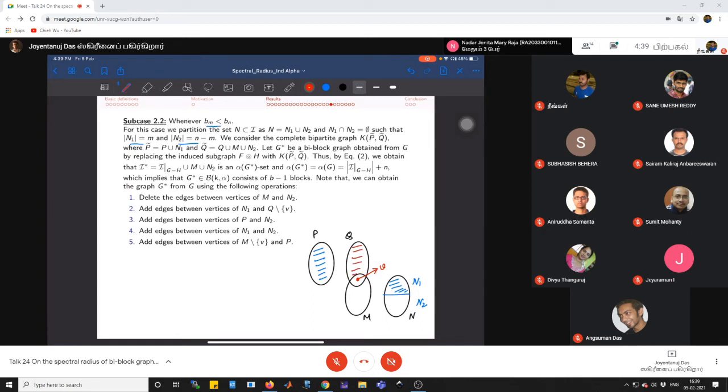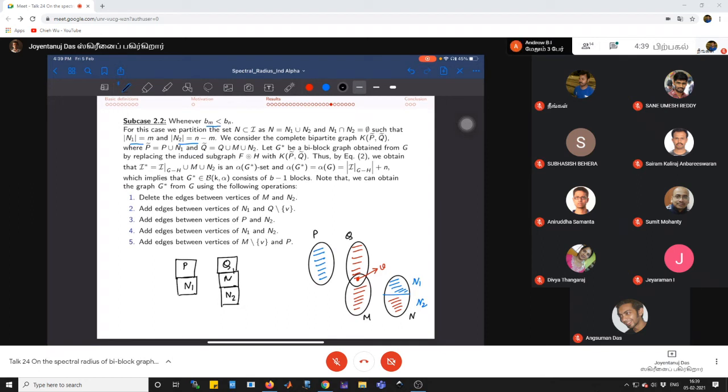Q is there, M is there, and the second part of it, that is N. If I want to draw that, I can draw boxes. So it is P, here it is N1, here Q, M. Here they have a common vertex, and here it is L.